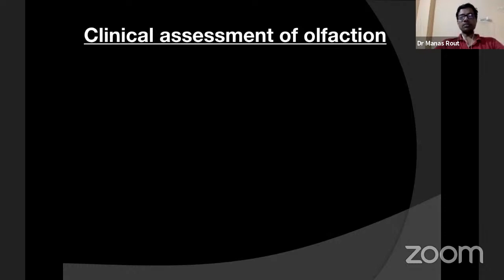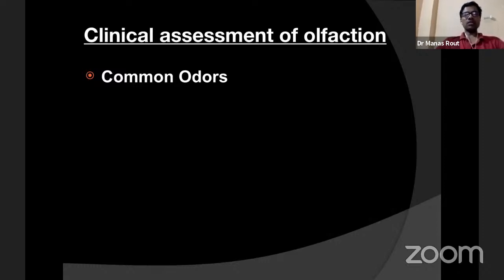Clinical assessment of olfaction. How to assess a patient who comes with a defect in olfaction, the sense of smell? Usually, you have to give common odors to the patient, and ask whether he is able to smell or not. You should not give any irritants. The common ones you can give are lemon, coffee, common flowers, incense sticks.